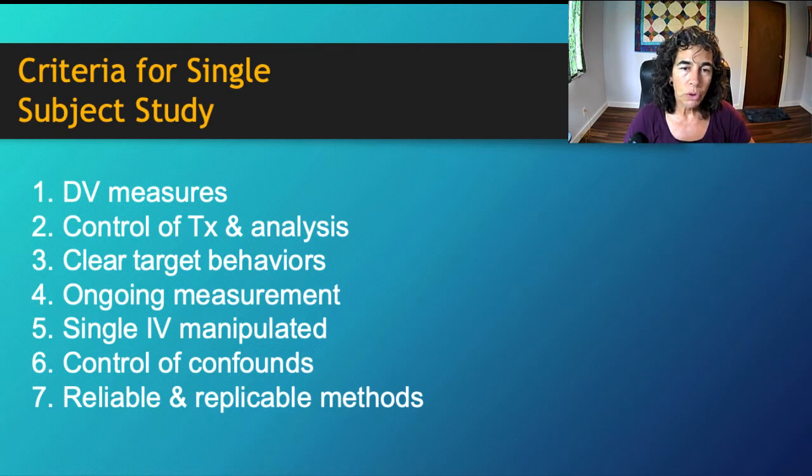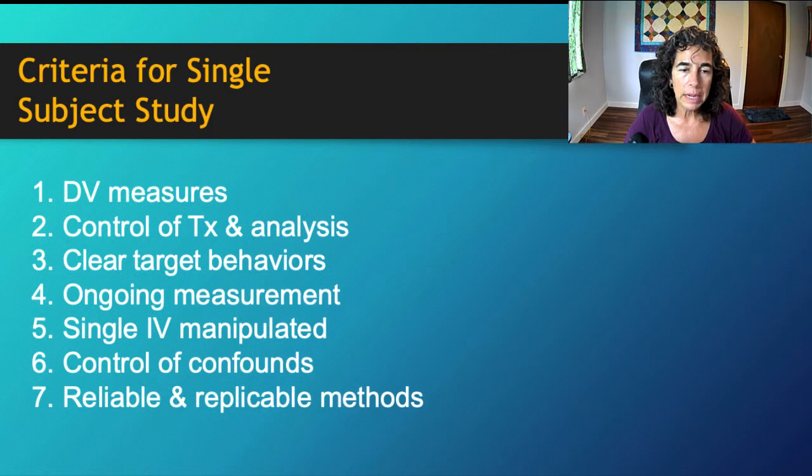The control, the manipulation of treatment and analysis of effects are controlled as much as possible to prevent confounding variables from intervening in that single subject study. Number 3, there are very clear target behaviors that are operationally defined. And remember, we looked at operational definitions, right? So we want to be super clear about what we're looking for and how we know when we find it.